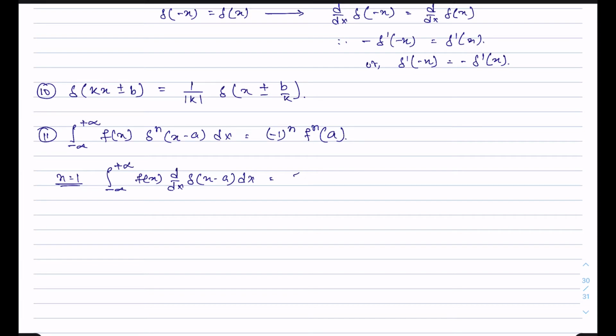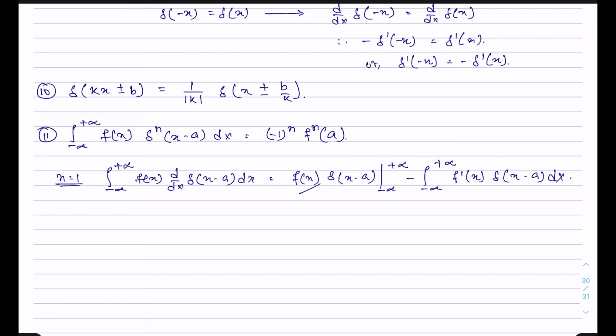So f of x, now integrate d/dx of delta of x minus a, and it will give delta of x minus a, with the limits minus infinity to plus infinity, minus integration from minus infinity to plus infinity. Now you have to take the derivative of the function f of x with respect to x, and integrate with the delta function of x minus a dx.